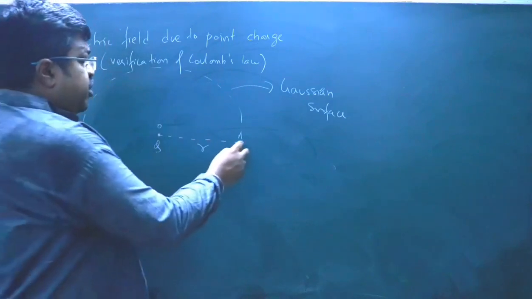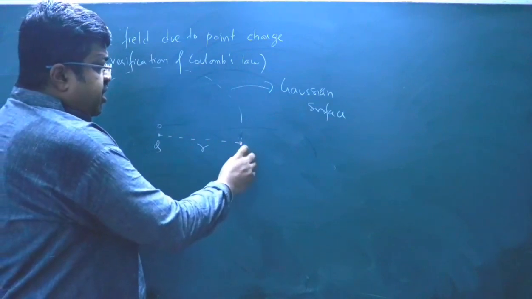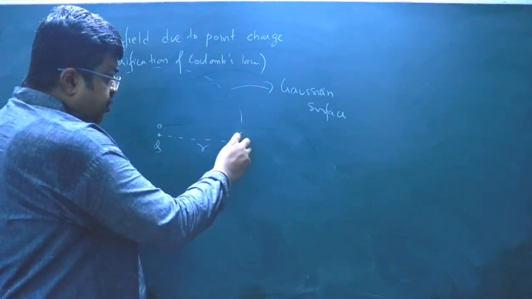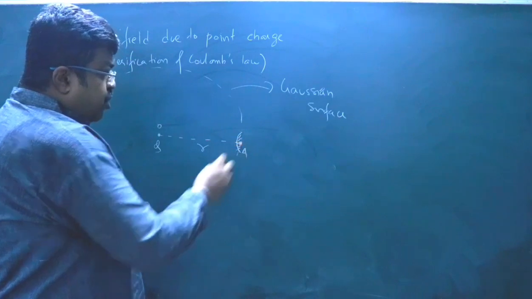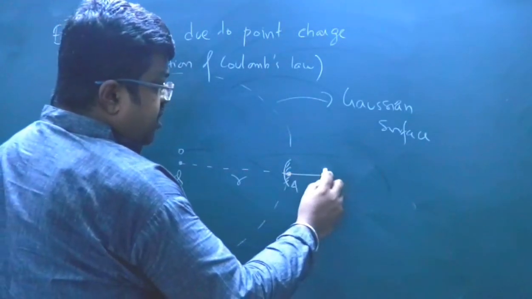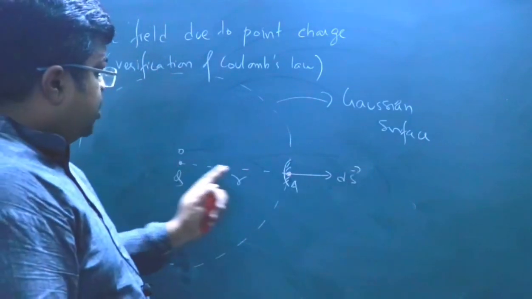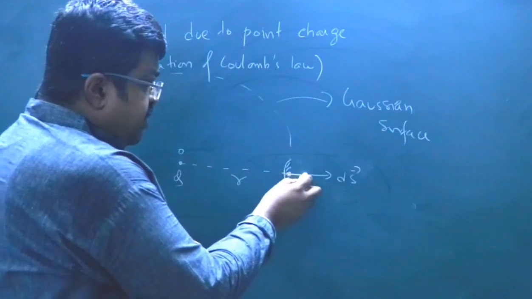So this is the point of observation of the electric field, location A, and near this point of observation you take one small area. Obviously for this small area, the area vector will be in the outward direction. So this is the area vector, and for this charge the electric field intensity will also be in the same direction.